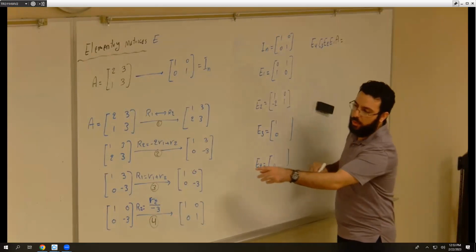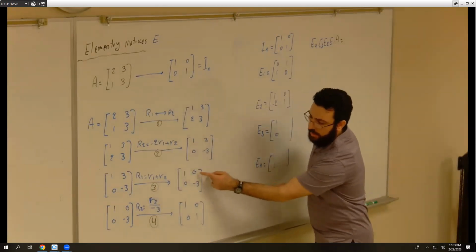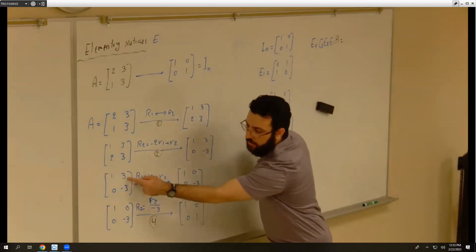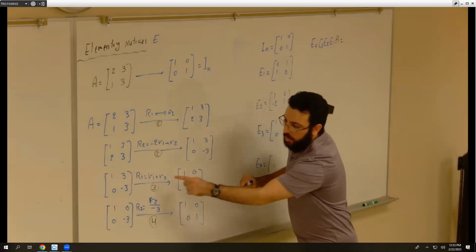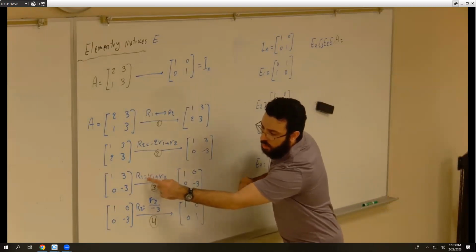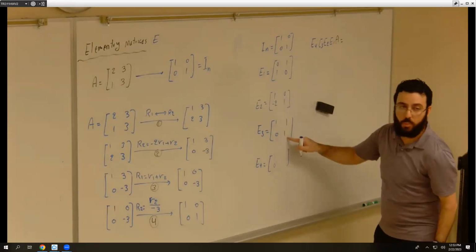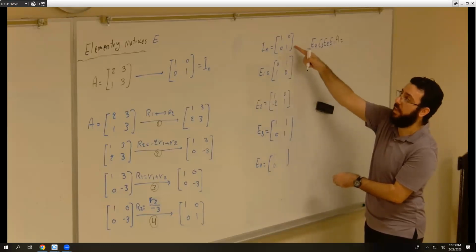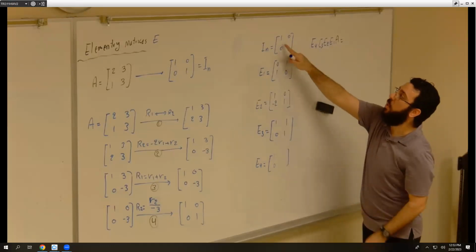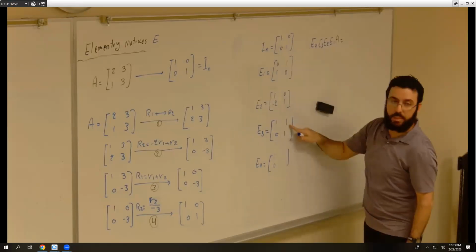Which number did you work on? This number in this location, right? To convert it to 0. What's the number here? 1. I'm going to write down 1 here. And the number here is also going to be 1 because we're going to work with the identity matrix. 1, 0, 0, 1. I'm going to change only the 0 here to 1.